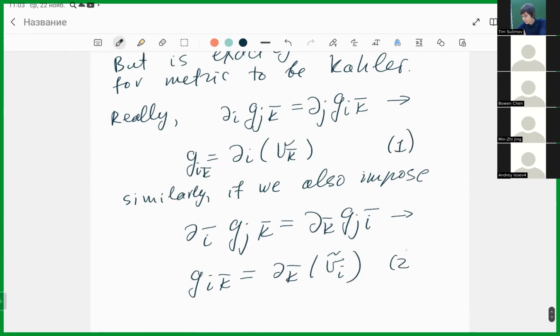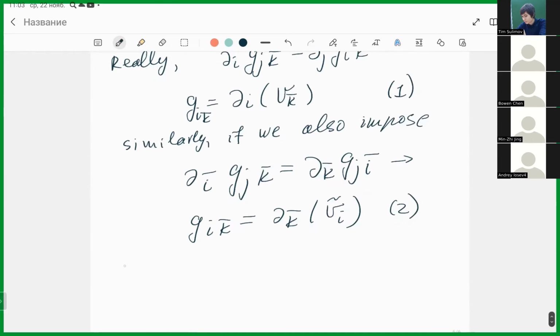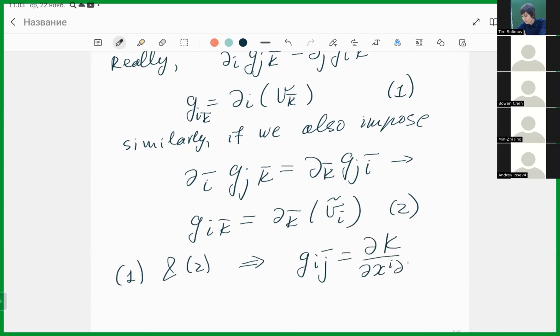So one and 2 together imply that, so I used to write this coordinate x.